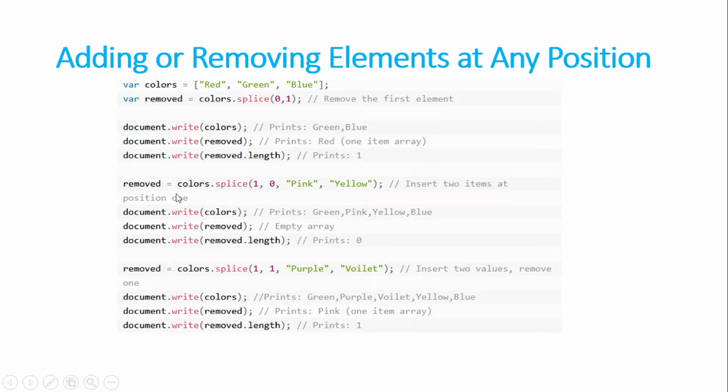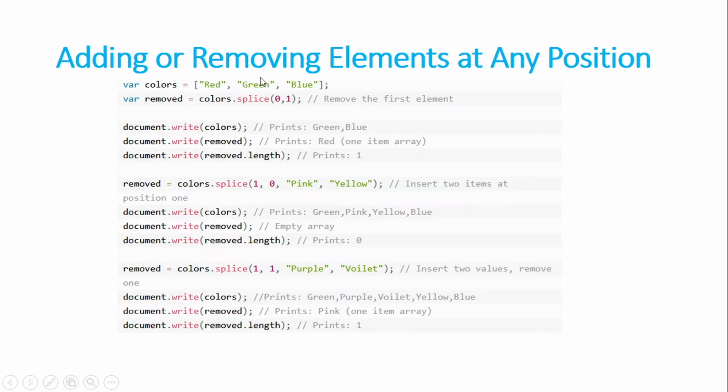Now we can also add or insert elements by specifying the position. Let's say I want to add some elements at the first index, so I'll be specifying that. So I can write colors.splice(1. 1 is the index that I want to add elements from. So 1 will be the second element.